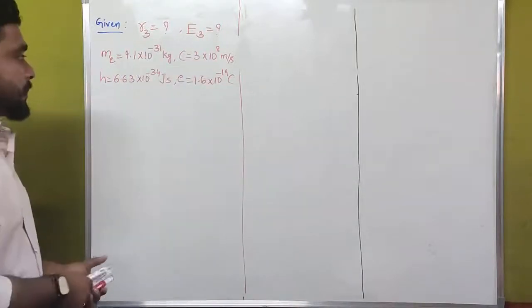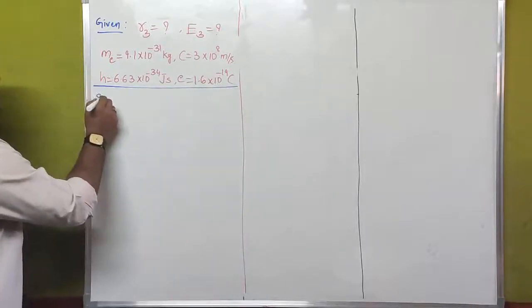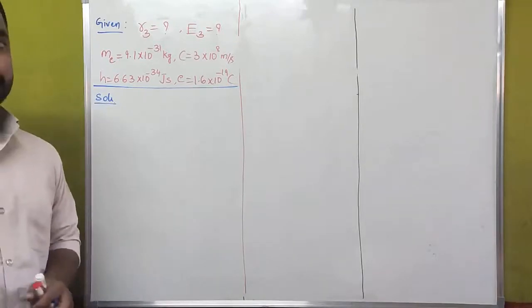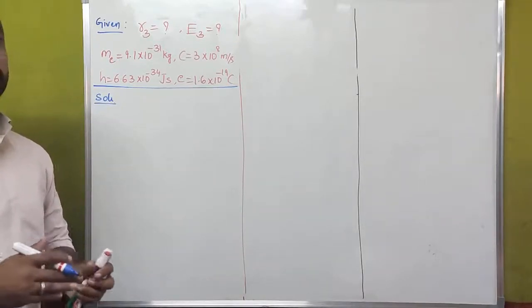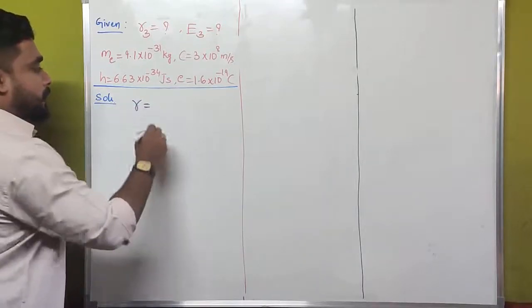Now let us see how we can simplify this problem. Actually, here what we have to find out is the radius of the third Bohr orbit of the hydrogen atom. What is the expression for the hydrogen atom?